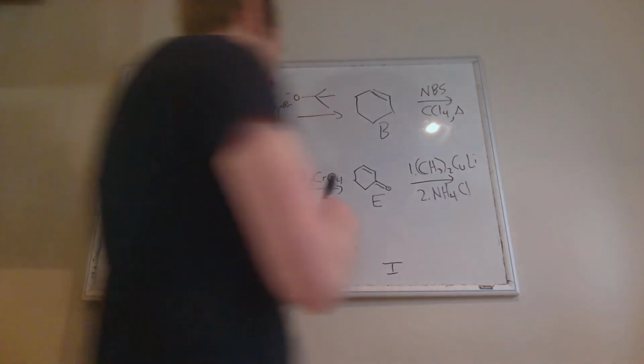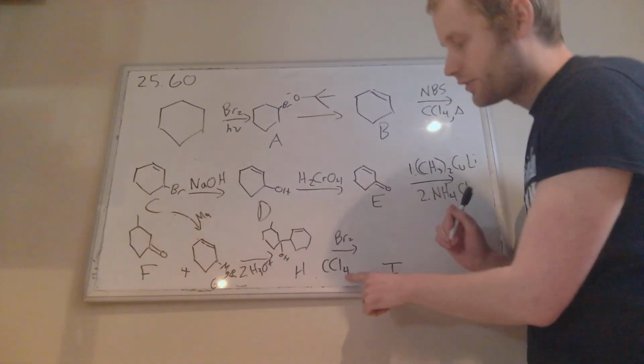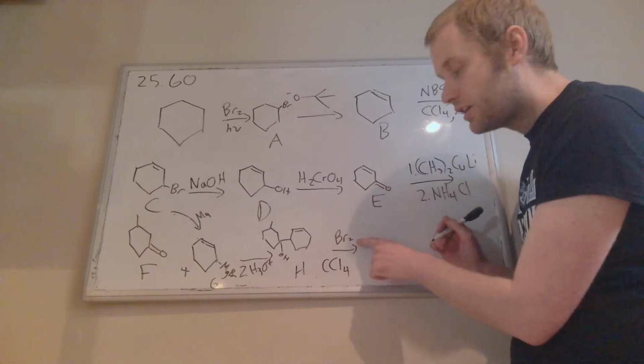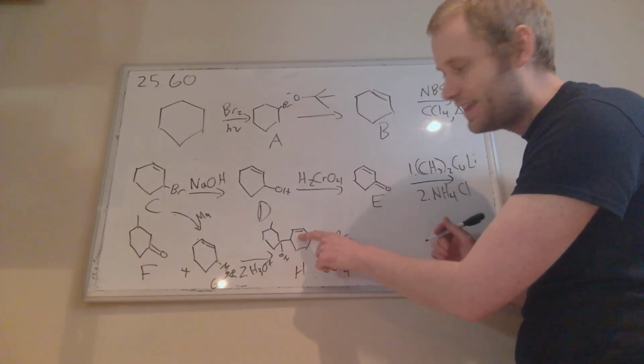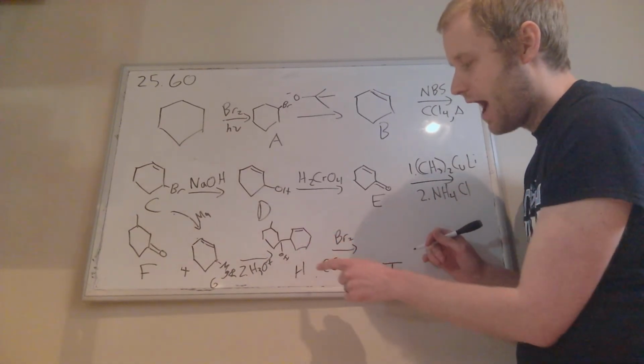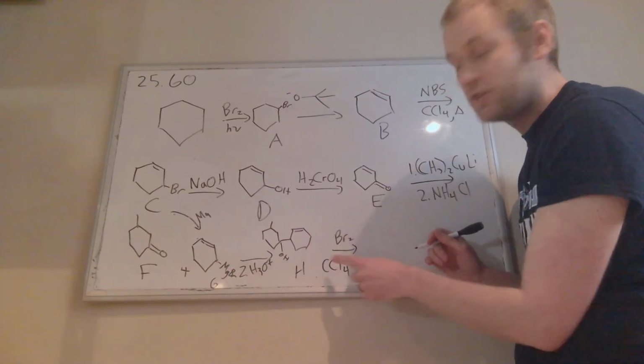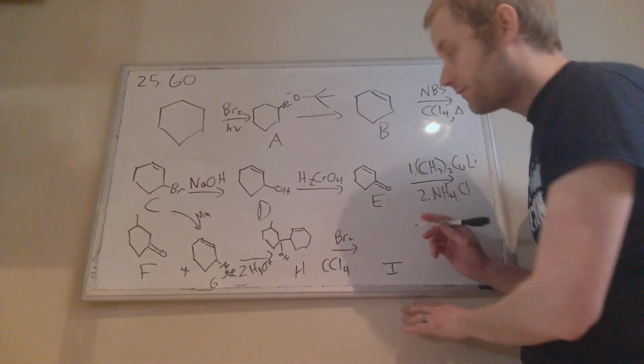The last step is Br2 in carbon tetrachloride, and because we're having a high concentration of Br2 here, we'll actually react at this location instead of at the allylic position. We'll actually just go through a normal electrophilic addition.